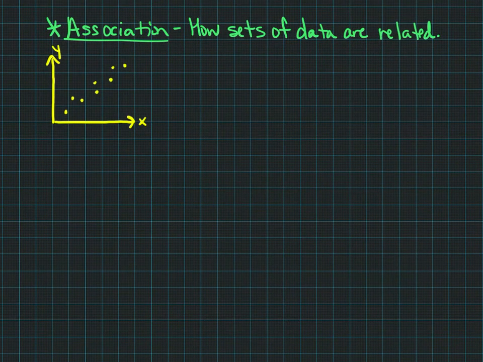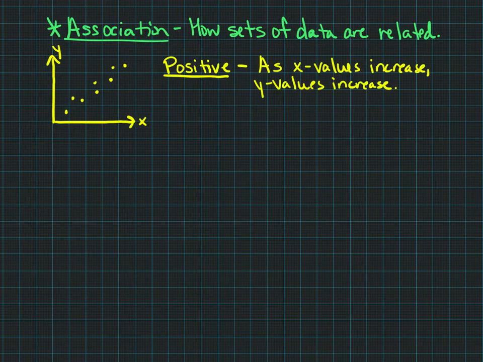So notice in this coordinate plane that the points that are graphed are going up to the right. They're close to each other. Notice as the x values increase in number, the y values increase in number as well. So this is called a positive association. As the x values increase, the y values increase.